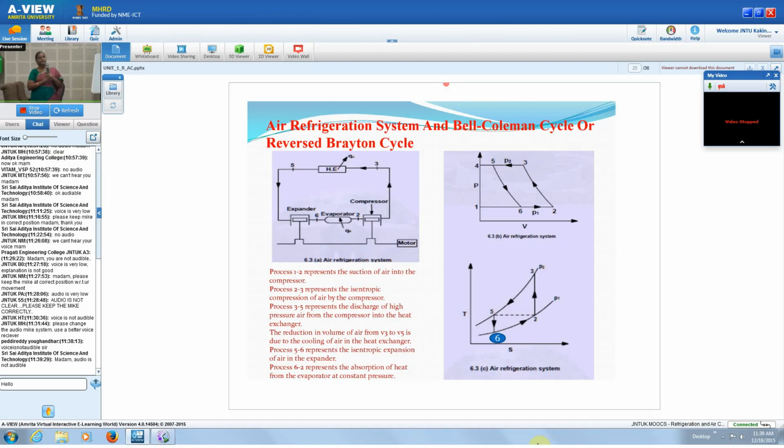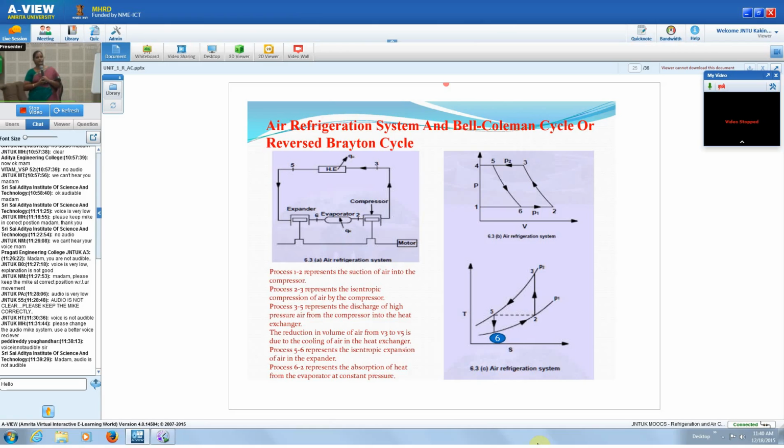At point 6 the refrigerant is at low pressure and temperature. When it goes into the evaporator, it will absorb heat and make the space cool or refrigerated. Then 6 to 2 is the refrigerating effect produced, or heat abstracted from the space to be refrigerated.